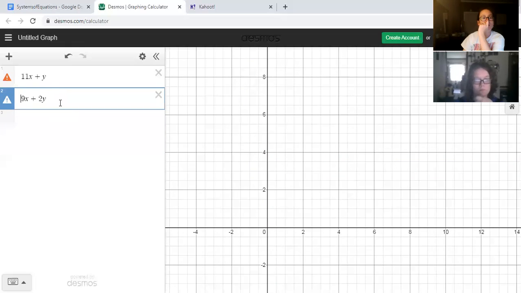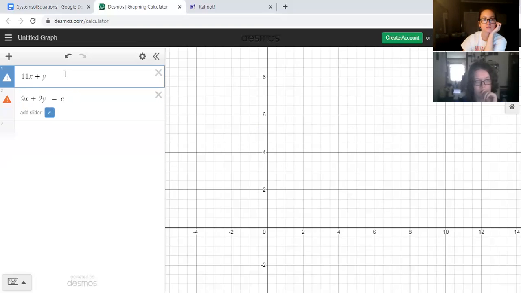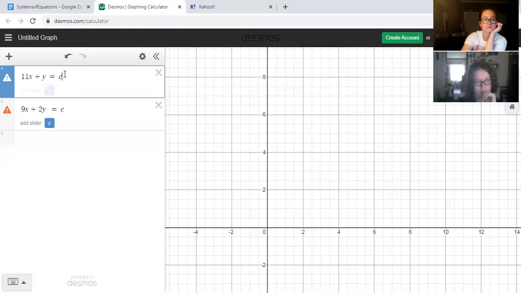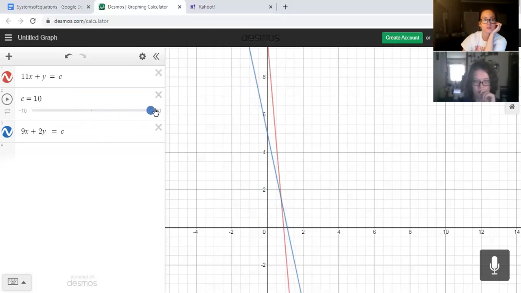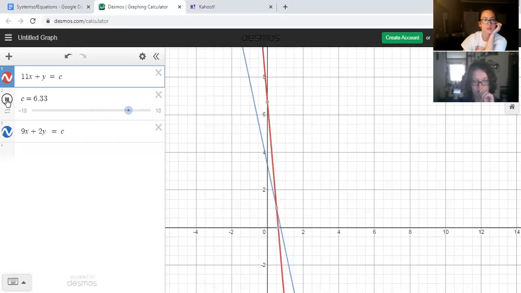So let's just use a different variable for cost. Equals C. Let's see if that works. Okay, so if the cost is $10, it went that way. That doesn't help any.